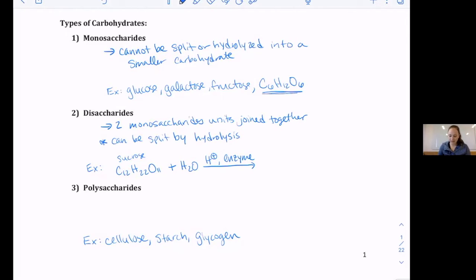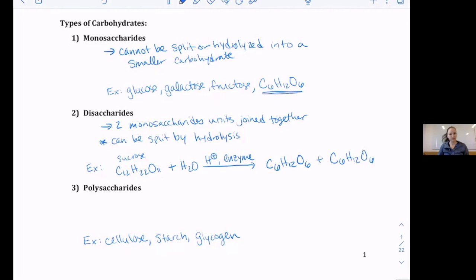An example of this is sucrose, just table sugar, which has the molecular formula C12H22O11. You'll see when we talk more about disaccharides how you lose an oxygen there. Then you add water to it with an acid and an enzyme, and overall you'll split into two C6H12O6 molecules.